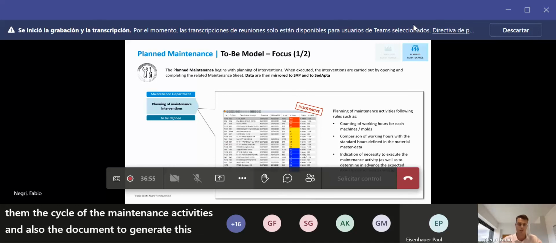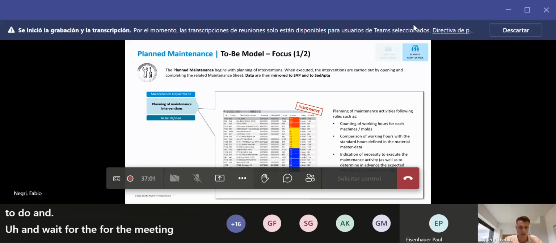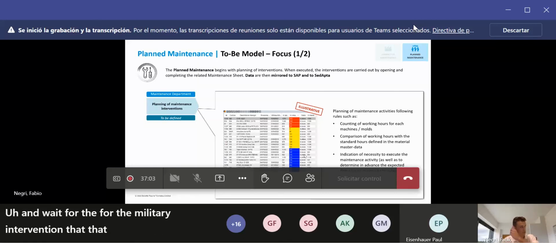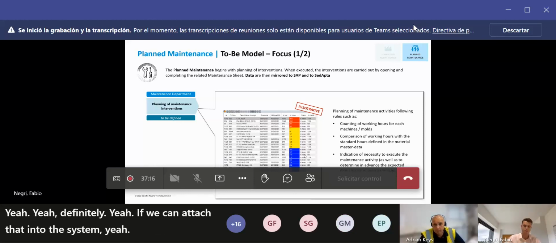Is it something you would like to continue to do for the maintenance interventions we are going to define, something that we can put into the new system? Yeah, definitely, if we can attach that into the system. Okay.